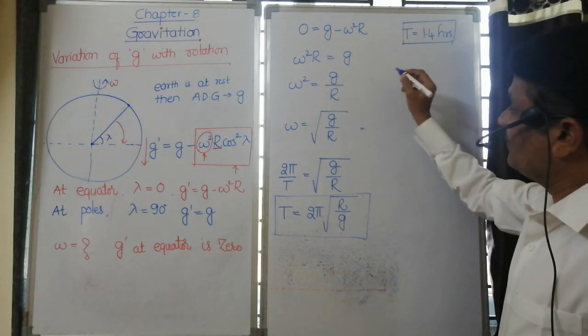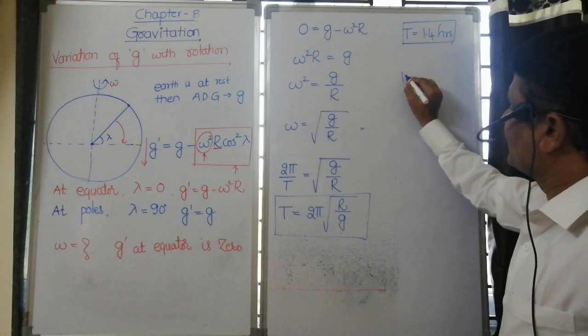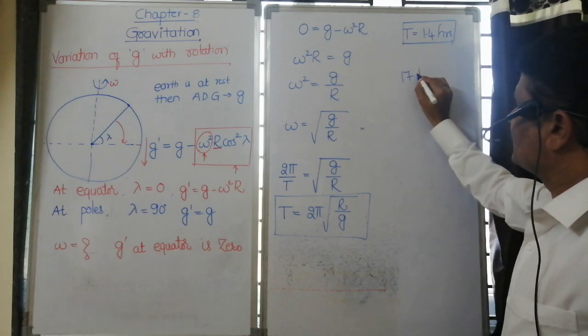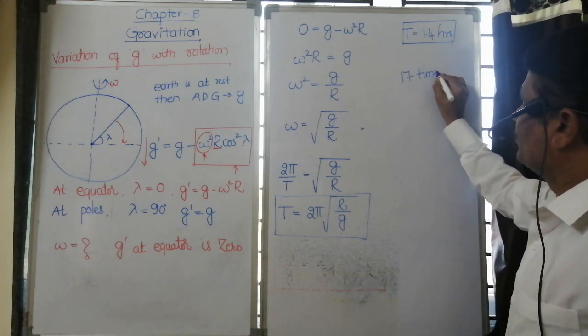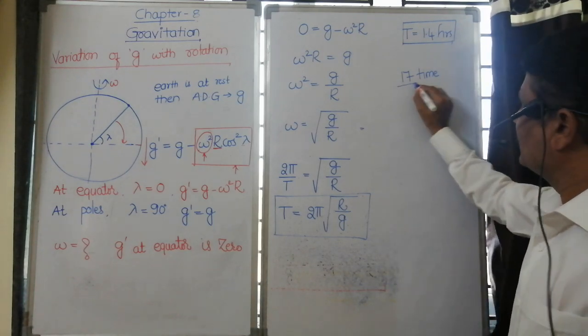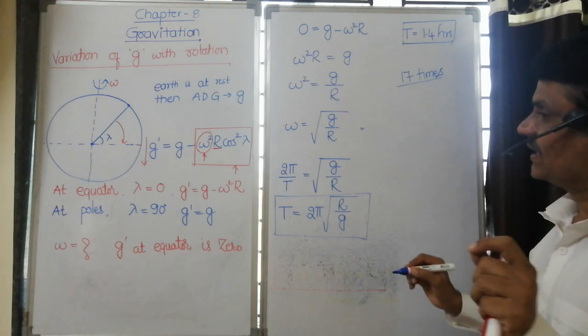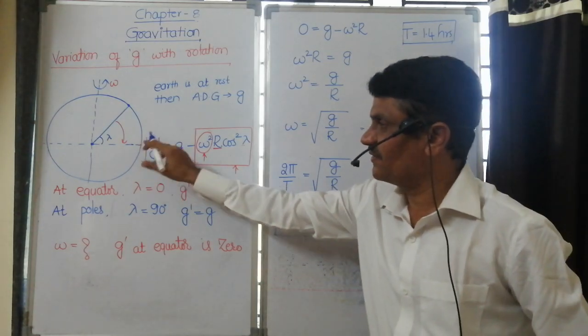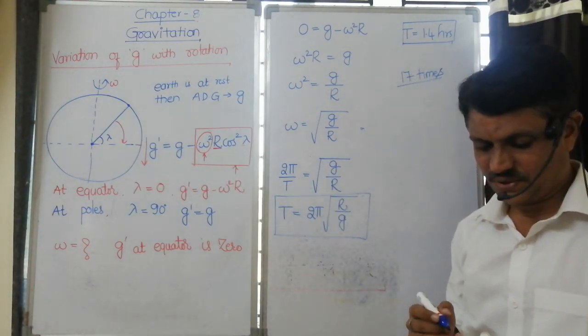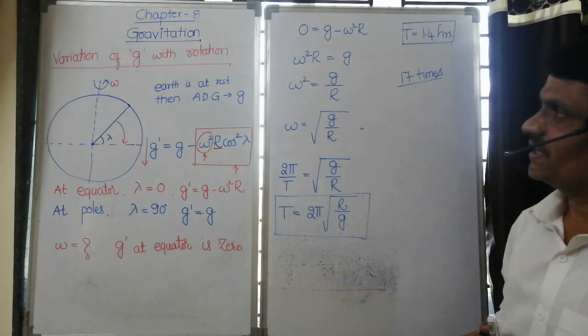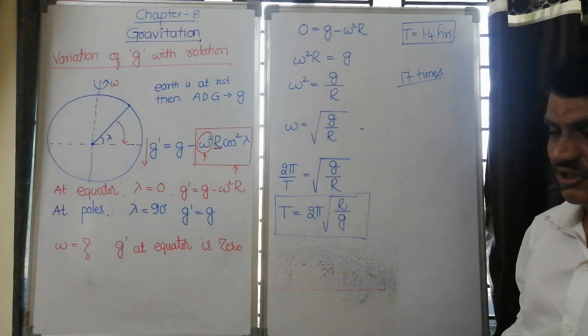It means if the speed of the earth is 17 times more than the present speed, then g at equator becomes 0. So this is the variation of g with rotation.